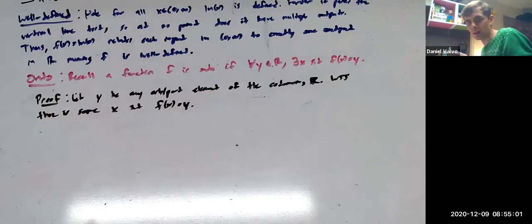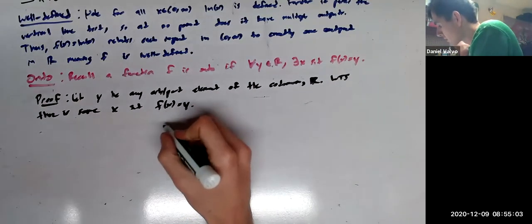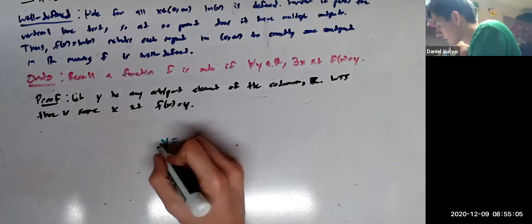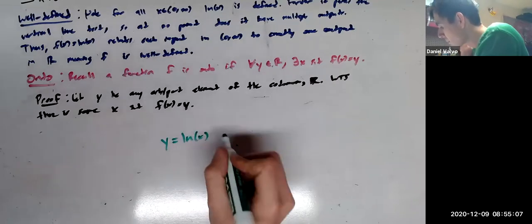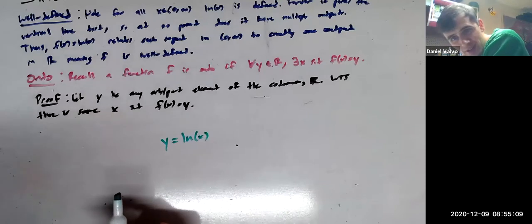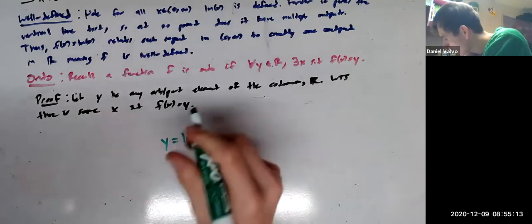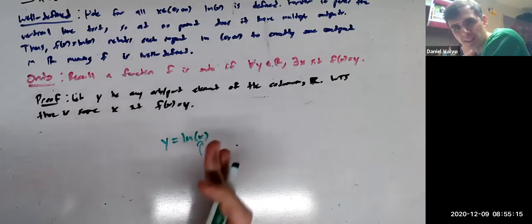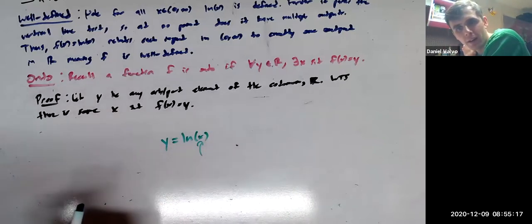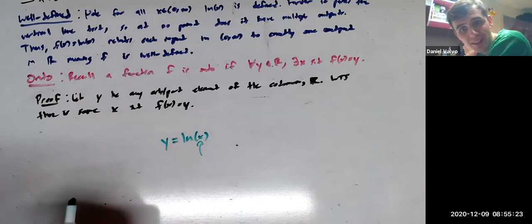Let's look at this right here. f of x equals ln of x. So what we're trying to show is that for any y, there's some x such that y equals the ln of x. So what does this x have to be? What does x have to be so that we can plug it into ln and get y? That's the question. Let's just solve for x.